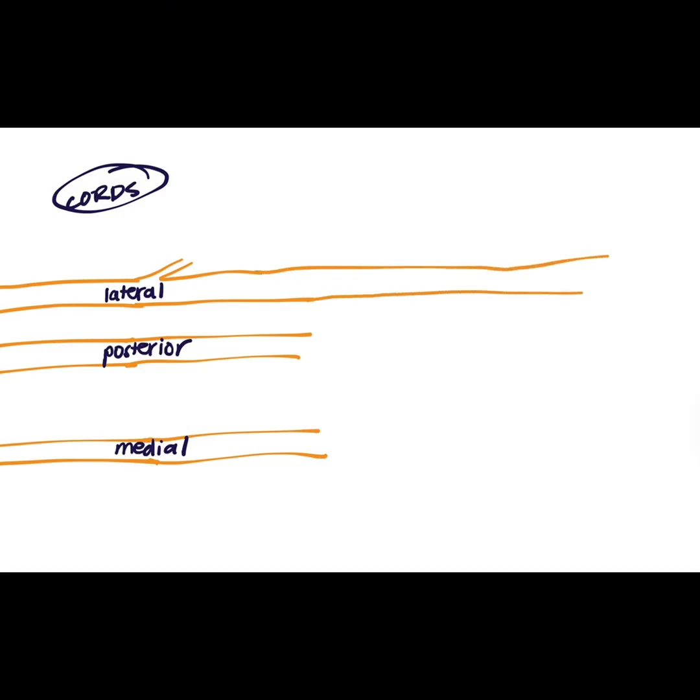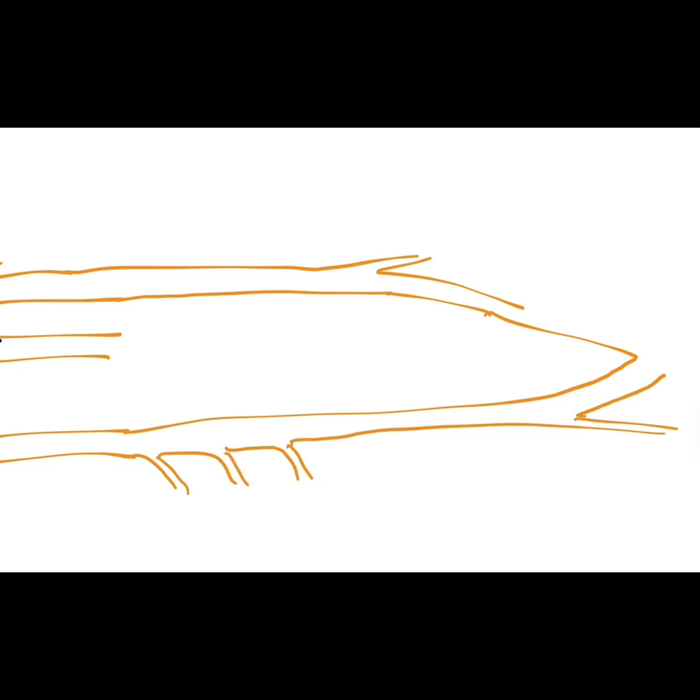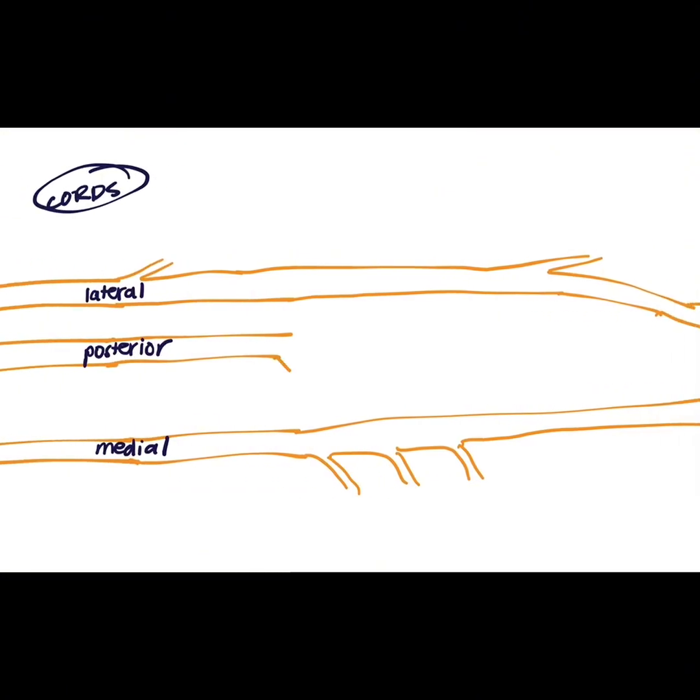Now, the lateral chord will extend until our forearm, arm, and hand, and they will branch out so that it can supply other more muscles, and these muscles will be supplied by the nerves, and we will call them the branches.